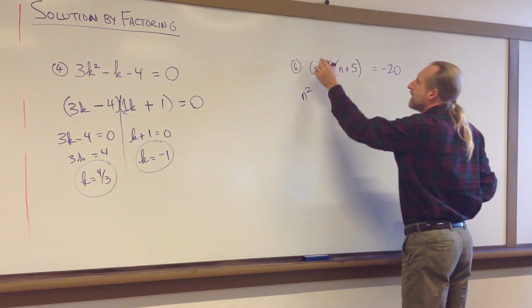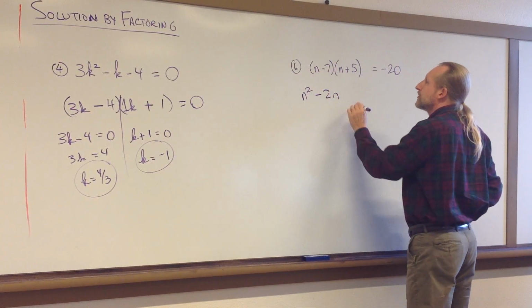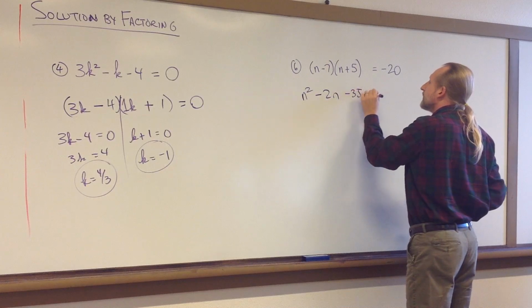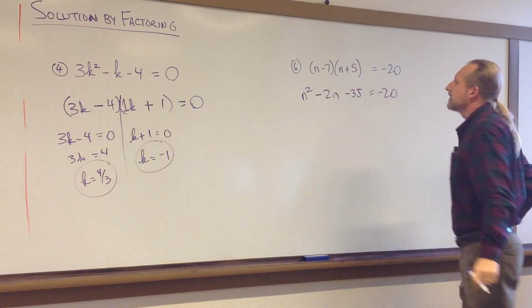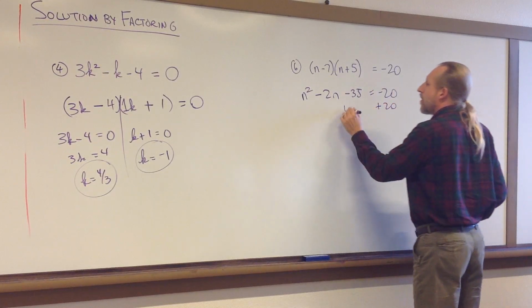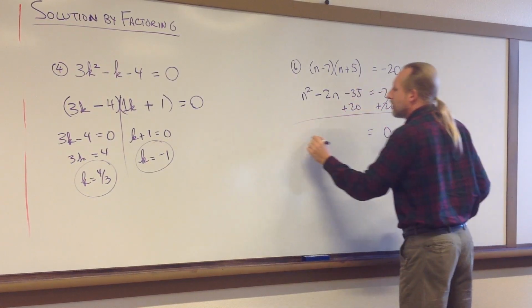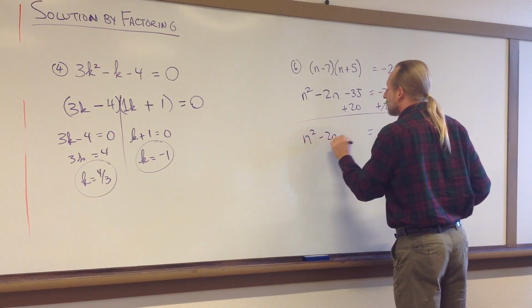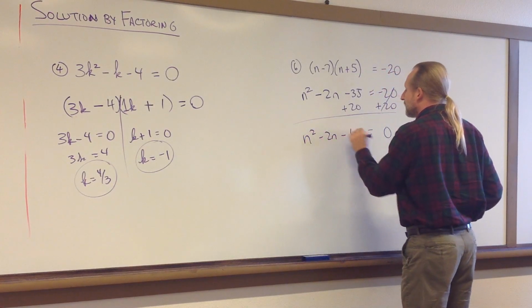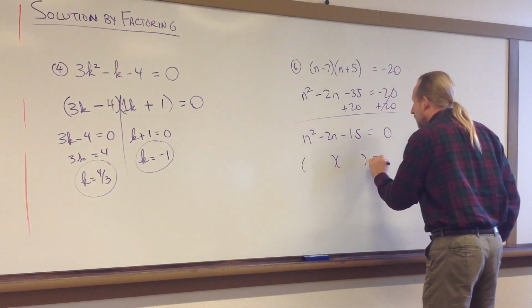N squared, you get the plus 5n minus 7n, so it's minus 2n minus 35 equals negative 20. Now I'll add that 20 over here. So now here's our 0. N squared minus 2n minus 15. And this one is pretty straightforward to factor.